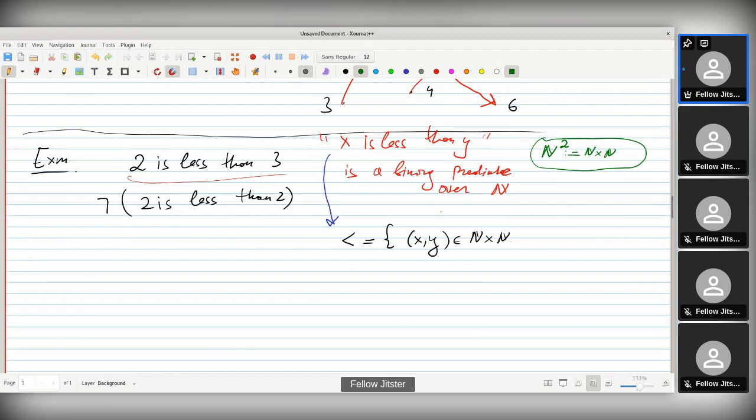But maybe we shall discuss these things later. For binary relations, they are not that important. So let us take all the elements of n squared, all pairs of naturals, but let us take just those among them where x is less than y.